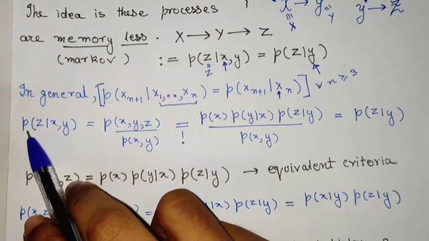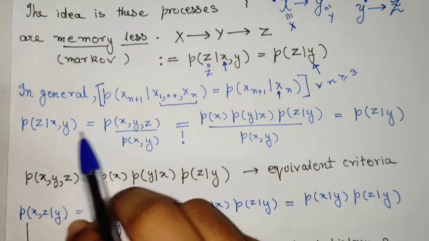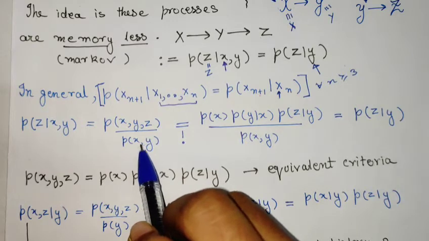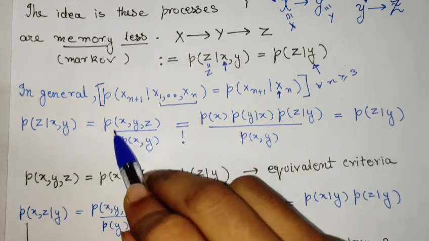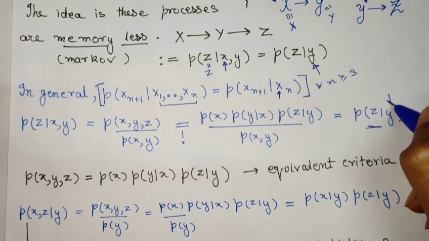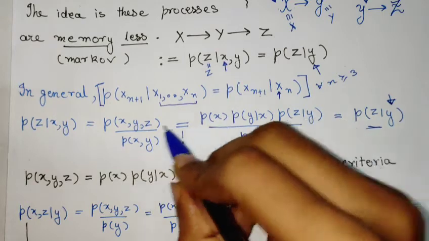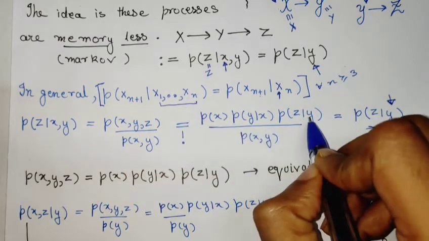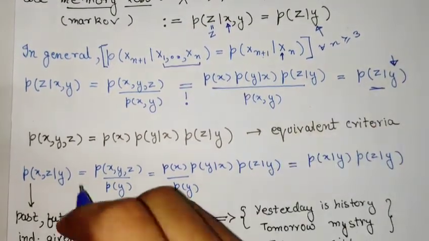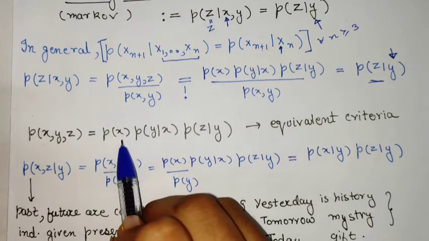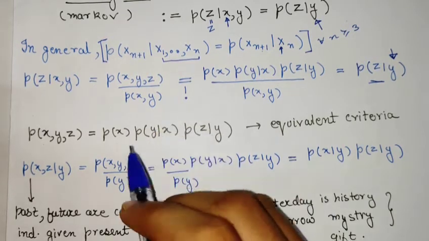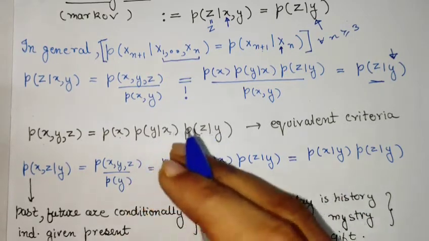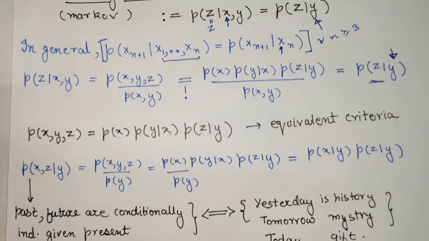The probability of Z given X and Y can be written as the probability of getting X, Y and Z divided by the probability of getting X and Y. For this to finally equal the probability of Z depending only on the previous input, we need the joint probability distribution of X, Y, Z to factorize in a nice form: the probability of getting X, times the probability of getting Y given X, times the probability of getting Z given Y. So at every step there is a sense of memorylessness associated.